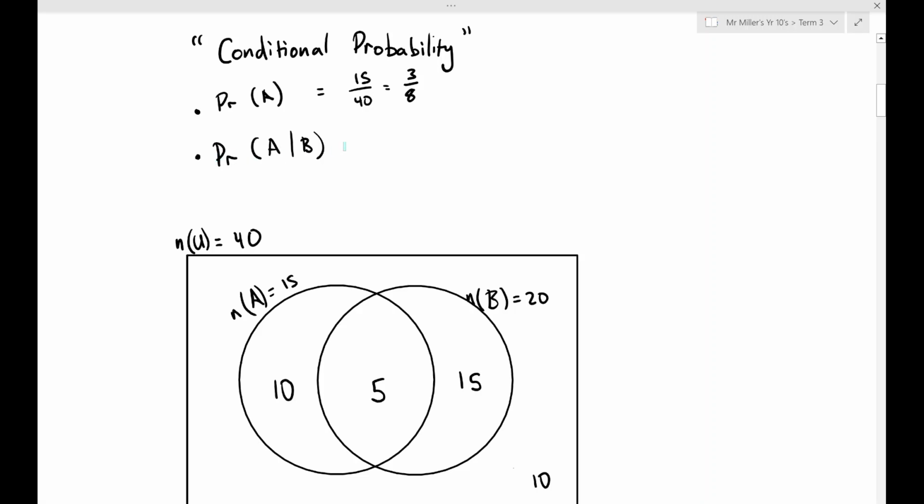Why we say conditional probability, we read this as the probability of A given B. We're looking at outcomes where we achieve an A under the condition that we've also achieved a B. So the only outcomes we will be considering are the outcomes given a B. We're going to be looking not out of the full sample space, but out of all the outcomes in B. Given a student has brought a banana to school, what's the probability that they also brought an apple?